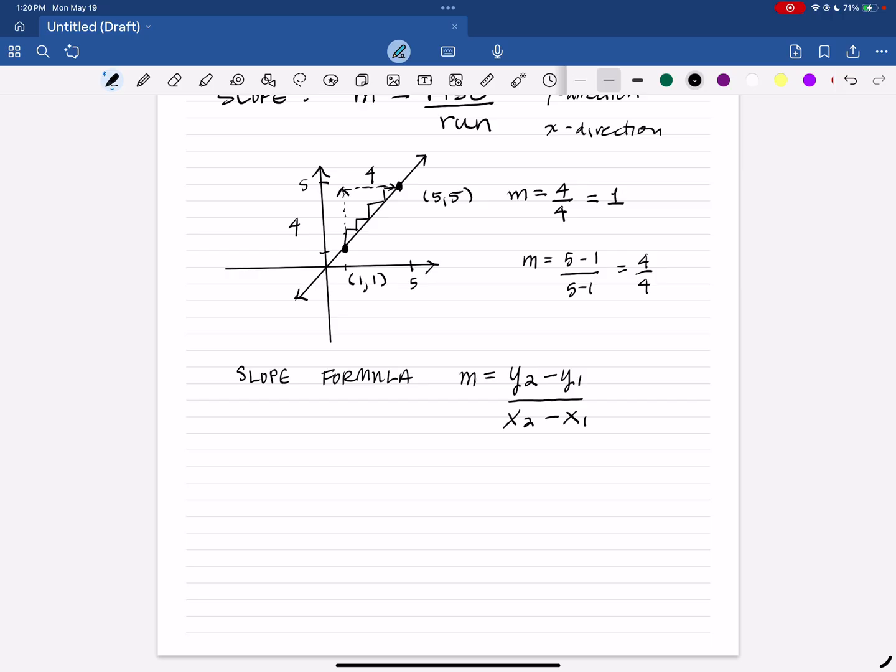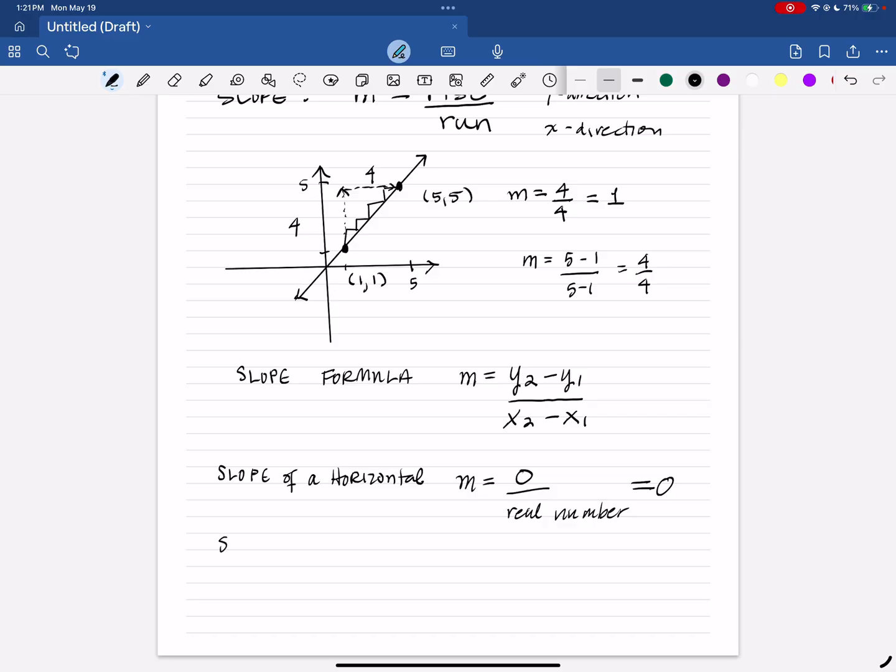Now, when you're doing horizontal and vertical lines, for the slope of a horizontal line you're going to get a slope of 0 over some other real number. And anytime you divide into 0, the answer is 0. 0 divided by any number is 0.